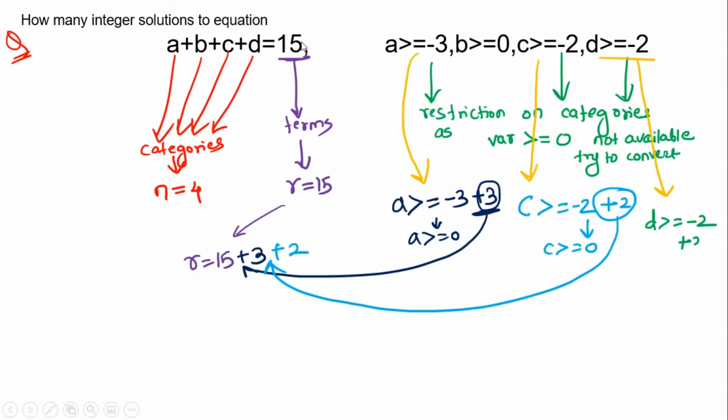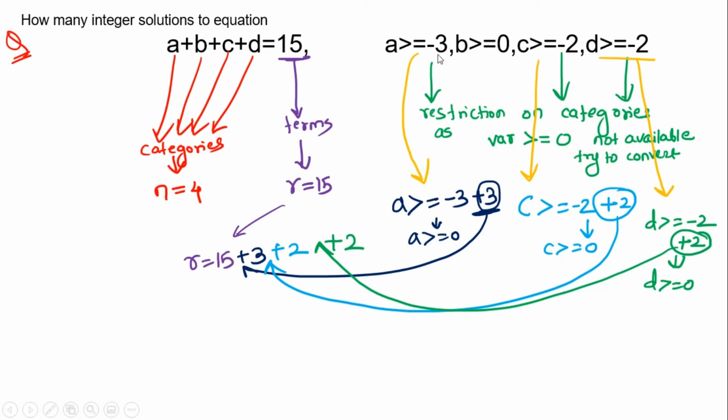The value present on the right hand side of your equation is the value of r. And our formula is n plus r minus 1 C r. If all the variables or categories start from 0, then we don't have to consider any change in the value of r. We will use all of this value for the calculation of the formula.